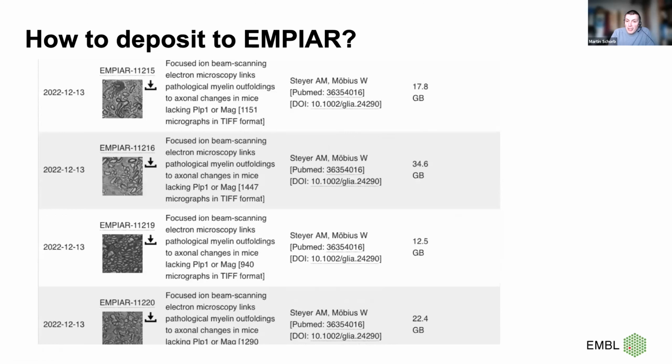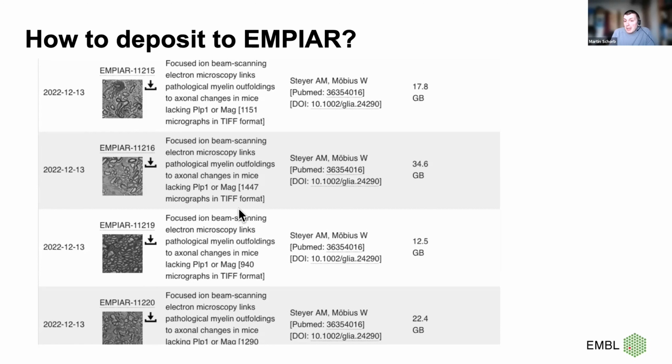Other depositions in the volume EM field, for example, deposit every single volume as a different deposition with a different ID. Or you could think, okay, because it's not really clear what is the actual experimental difference between these volumes, you could probably also have deposited them all together, and just in the description of your data describe what the different conditions are, or maybe it's just biological replicates and they actually show the same thing.